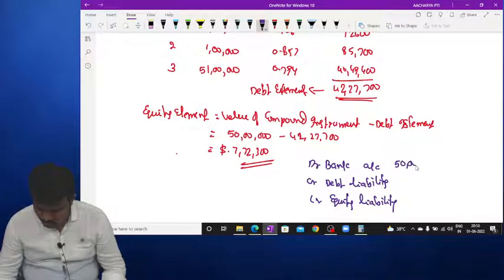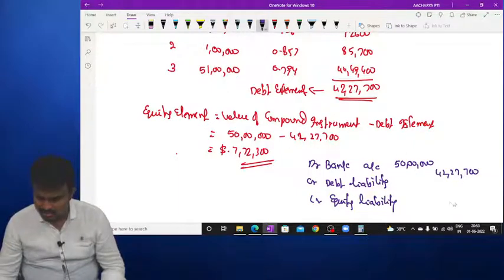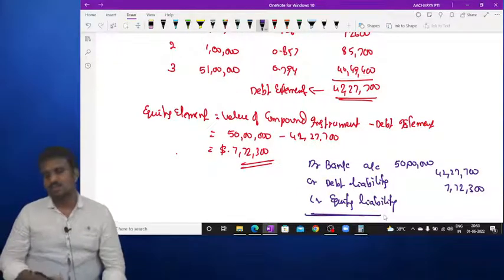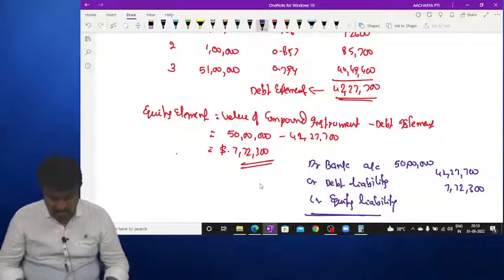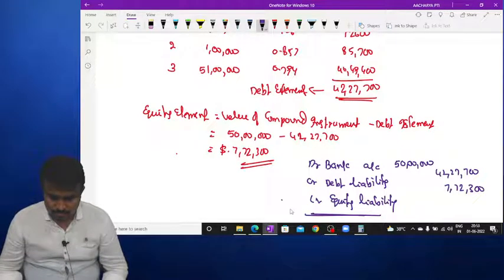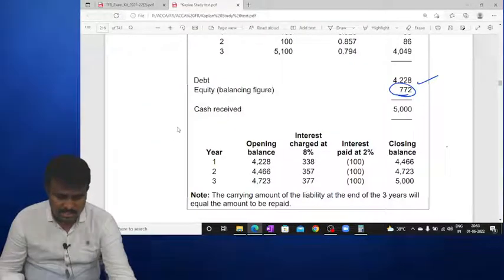So total 50 lakh. So 42 lakh 27,700 is debt, and 7 lakh 72,300 is equity. This is the entry to be recorded in case of a compound instrument. Clear? So that was clearly stated.